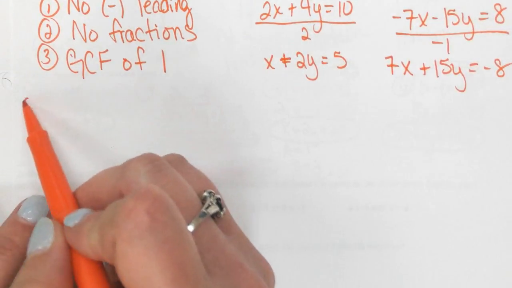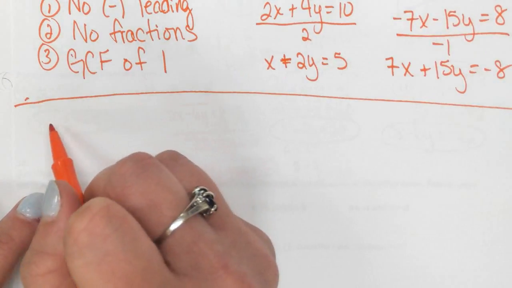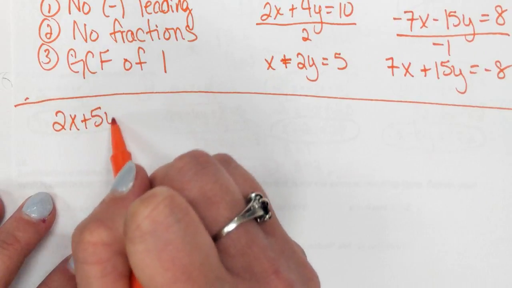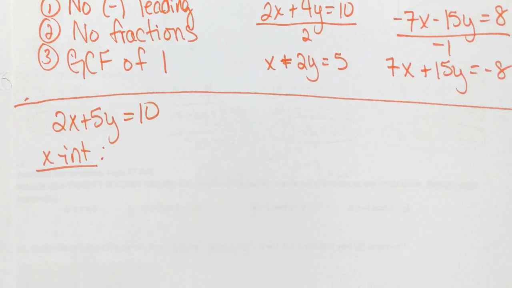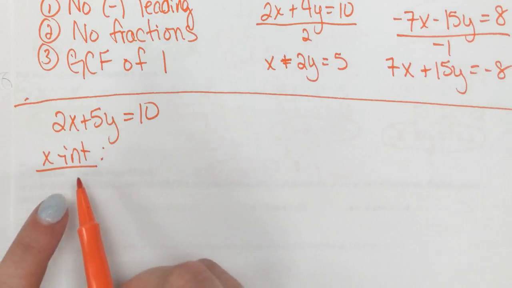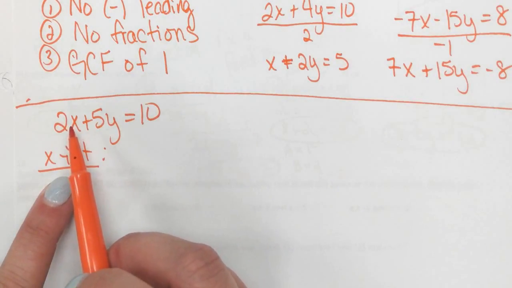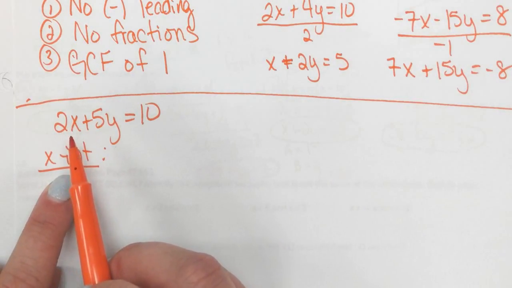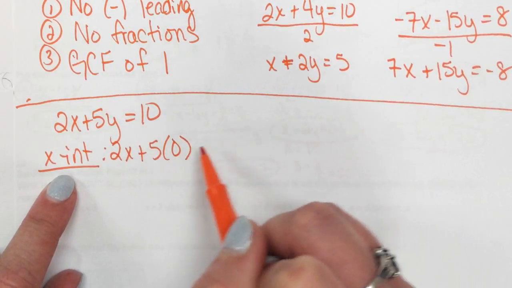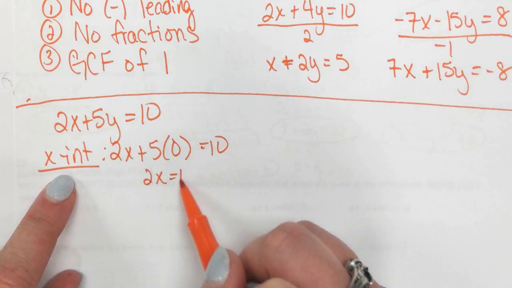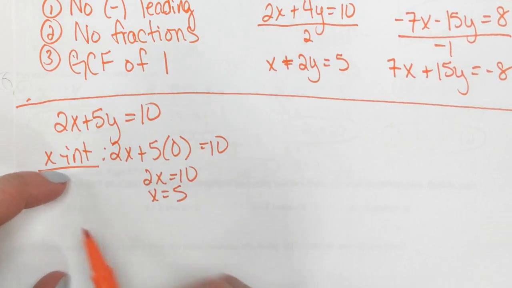What if I asked you to graph using the x and y intercepts? When you graph using the x and y intercepts, what number did you plug in? You plugged in 0, right? So if you need the x-intercept, you need x left. So what are you going to plug in for the y? 0. So 2x equals 10, so the intercept is 5.